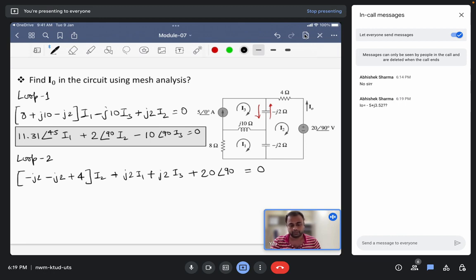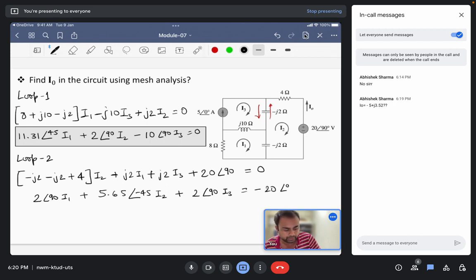So again let us simplify this equation. Minus J2 is minus 4J plus 4, so this is 5.65 angle minus 45 degrees times I2, and we have 2 angle 90 degrees I1, and for the I3 part we have 2 angle 90 degrees I3 is equal to minus 20 angle 90 degrees.